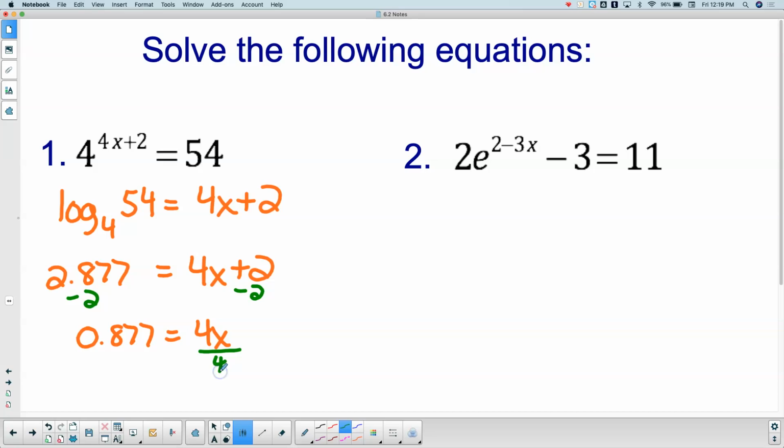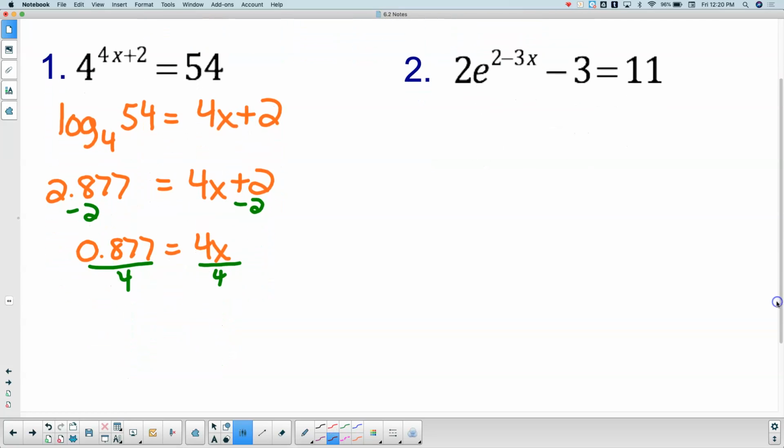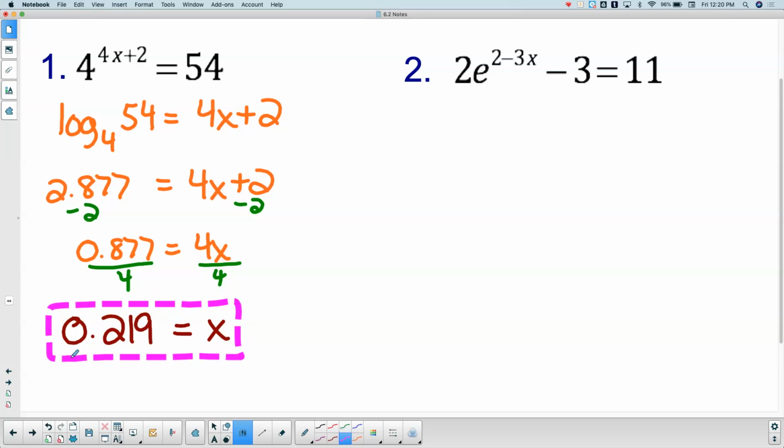Then if I divide by 4, I get, let me go down a little bit so that we can actually see this, 0.219. If I check it, that times 4, then add it to 2, then I take 4 to that power, I get 54. Checksum.